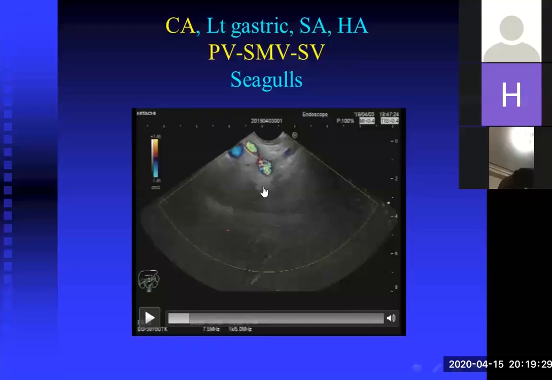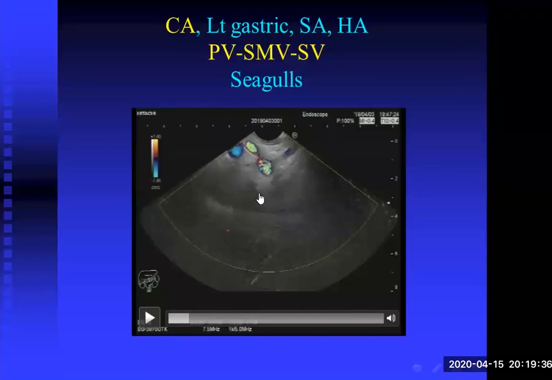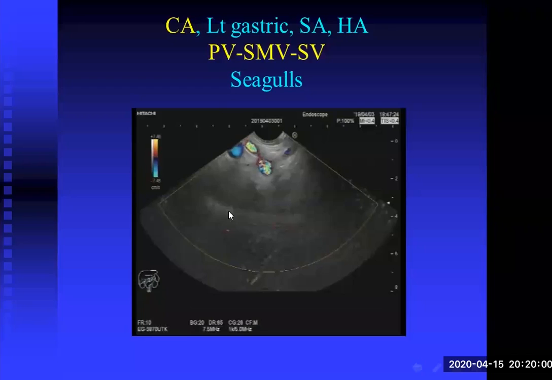It is important to see its relation to the celiac axis, because any abutment, that means involvement of less than half of the circumference of the celiac axis, or encasement, involving more than half of the circumference of the celiac axis, means that the patient is inoperable. So it is very important to locate and examine properly the celiac axis and its branches. Let us continue the video.